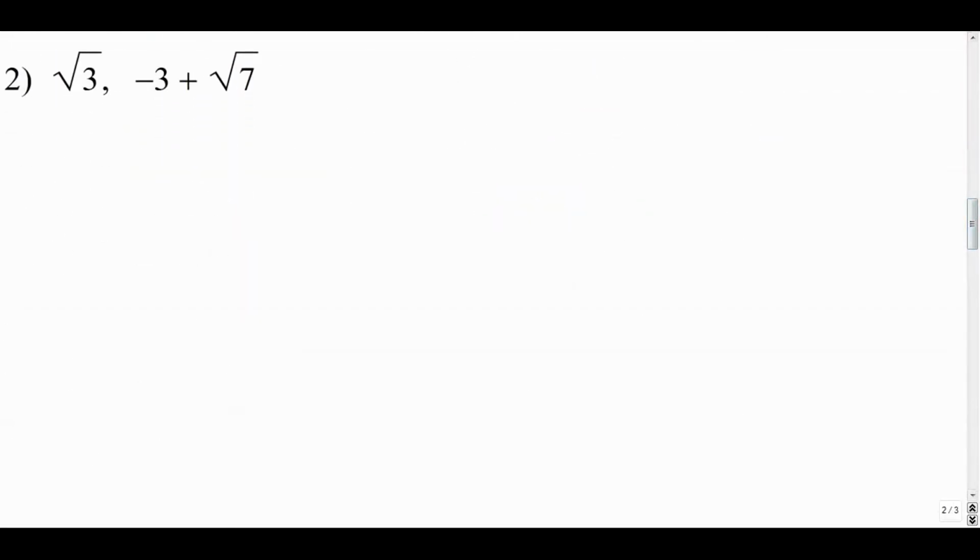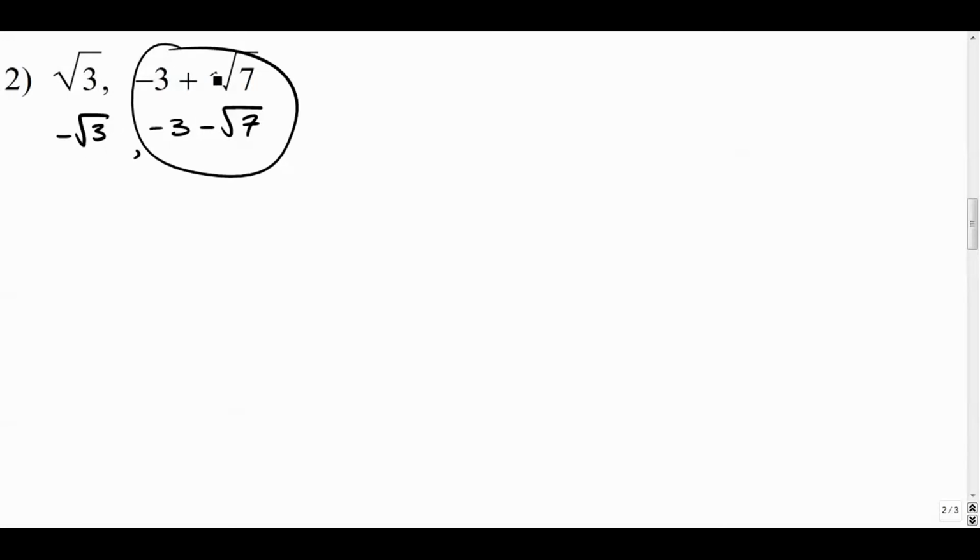Number 2 is a little bit trickier. Remember, these are roots or zeros, and when we have these irrational roots, they have partners. If positive radical 3 is a root, then negative radical 3 is also a root.